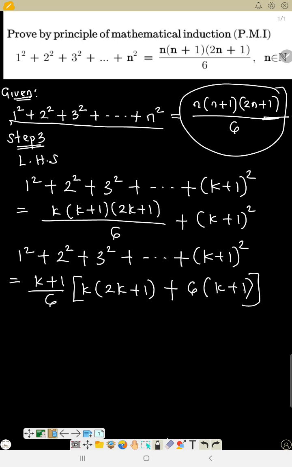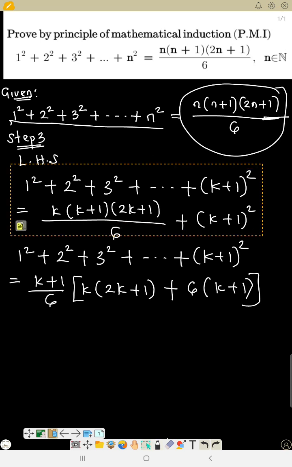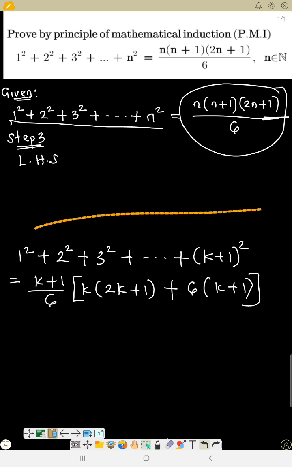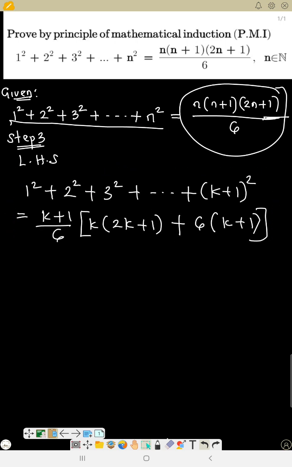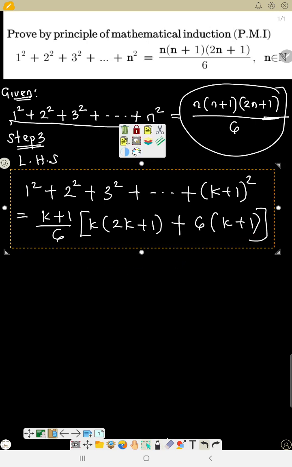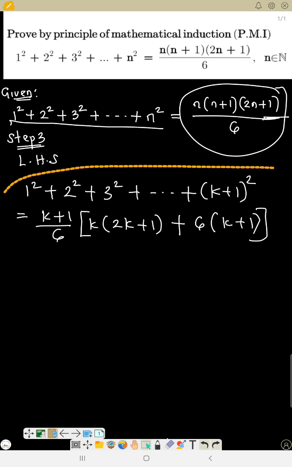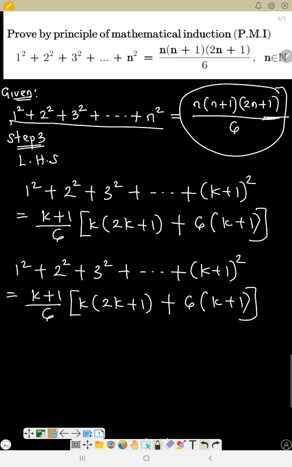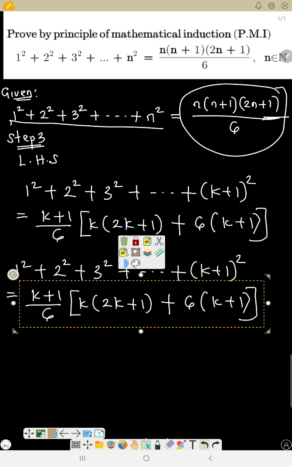So now expand this bracket inside. I have to jot everything down step by step.